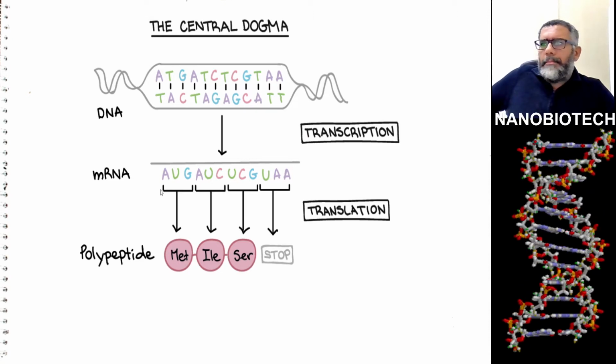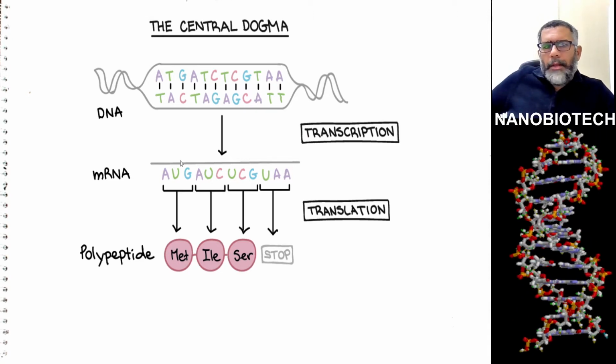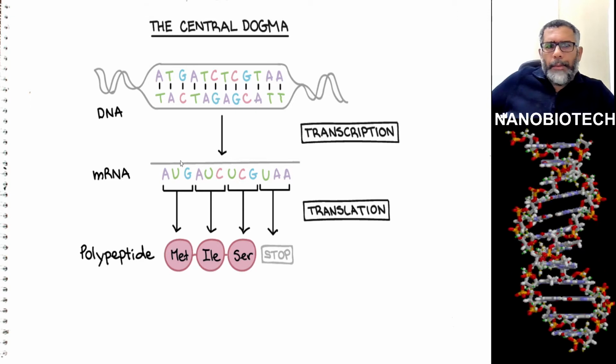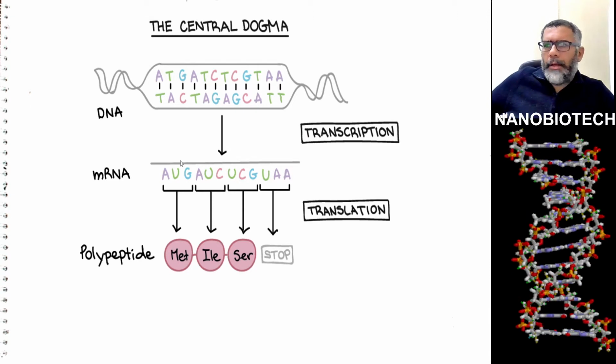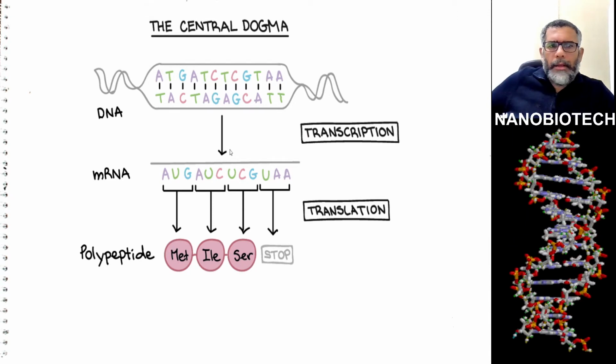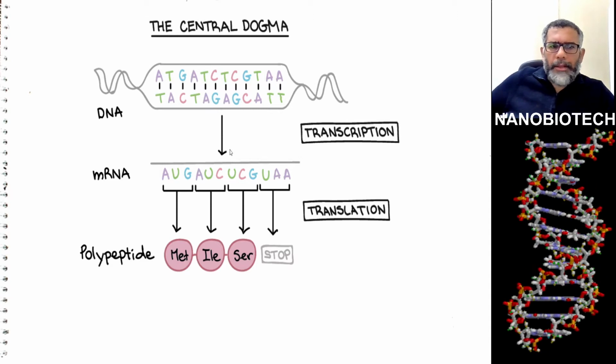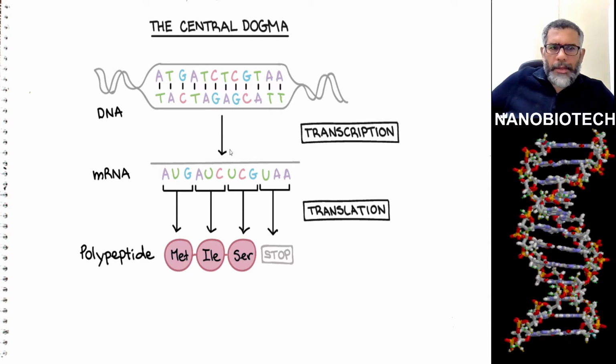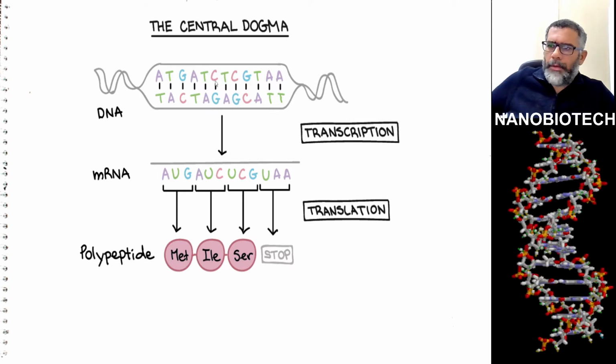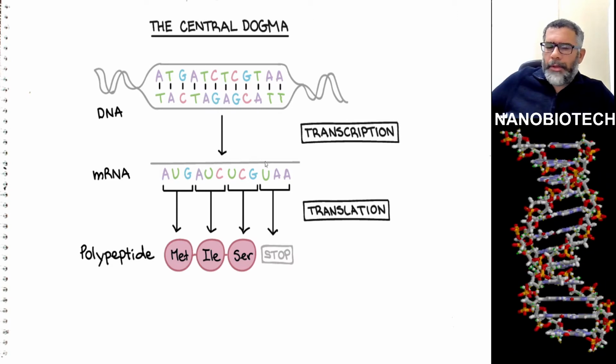So, many genes provide instructions for building polypeptides. How exactly does DNA direct the construction of a polypeptide? So this is the picture about that.